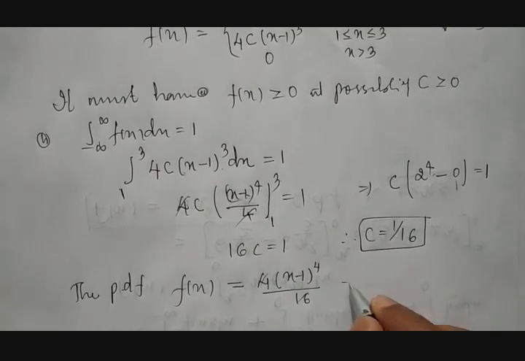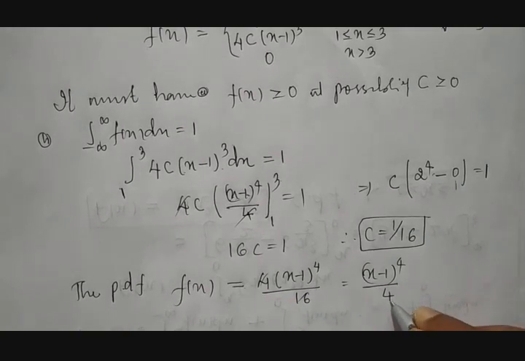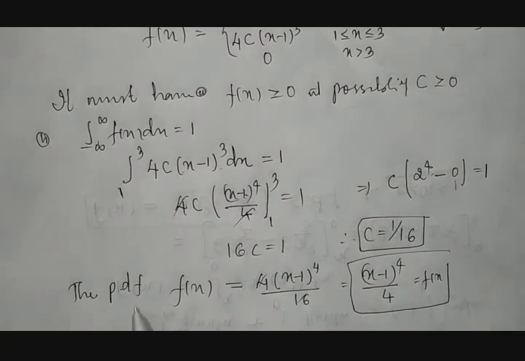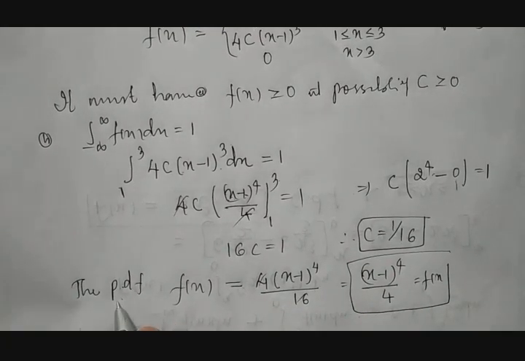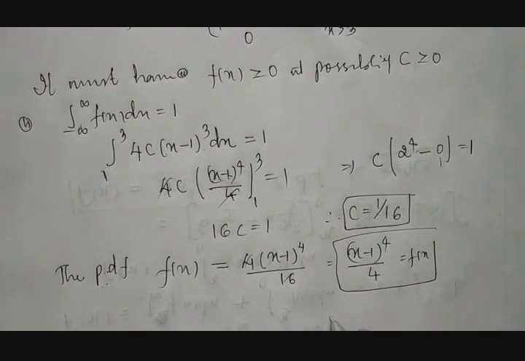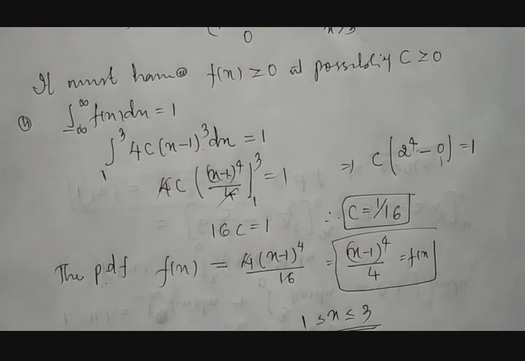The 4s cancel, so it is (x minus 1) raised to 3 by 4. This is the value of f of x, and this becomes the probability density function where x lies between 1 to 3. So this is the way.